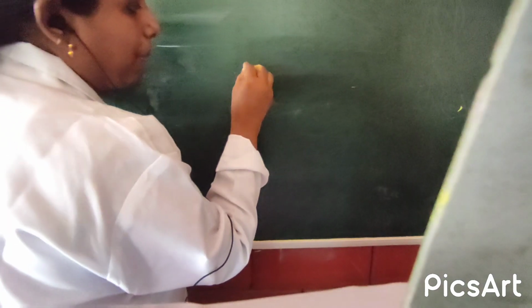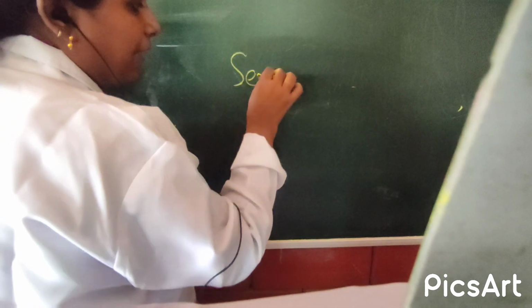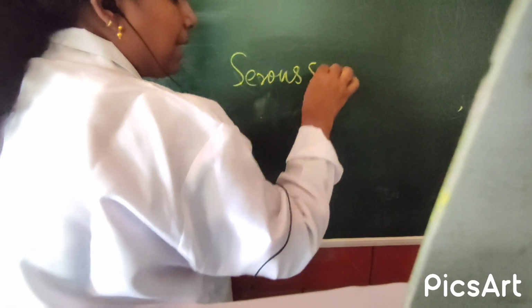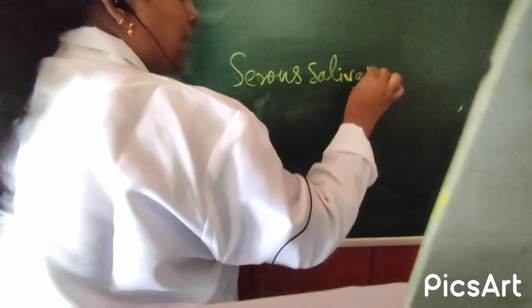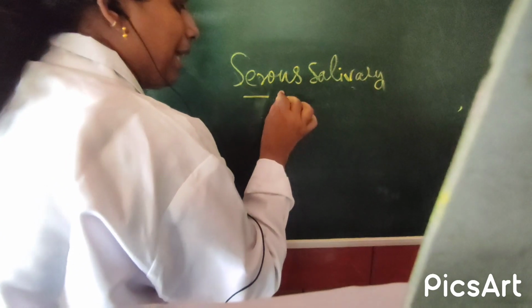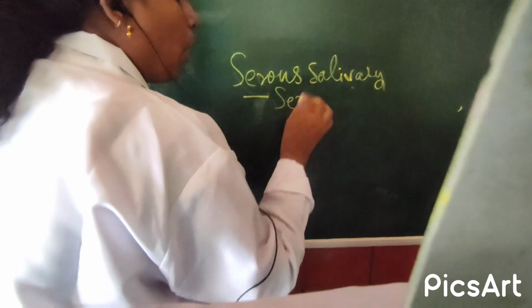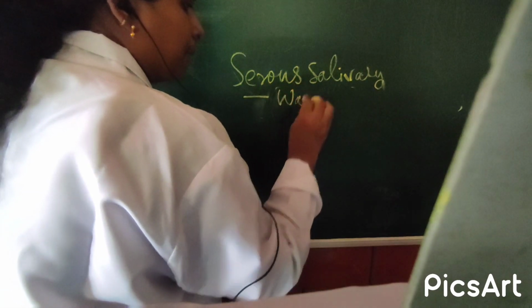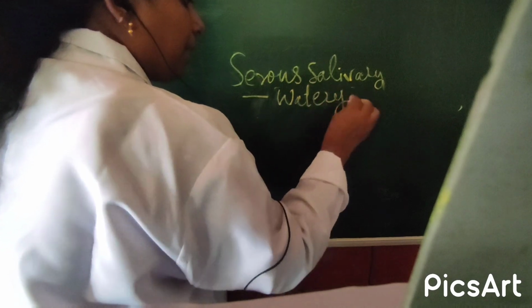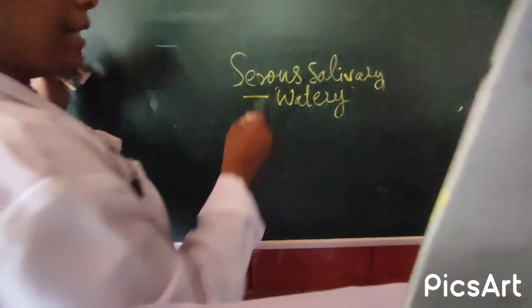The parotid gland is a type of serous salivary gland. Serous means it secretes a serous, or watery, secretion. That is why it is named a serous salivary gland.